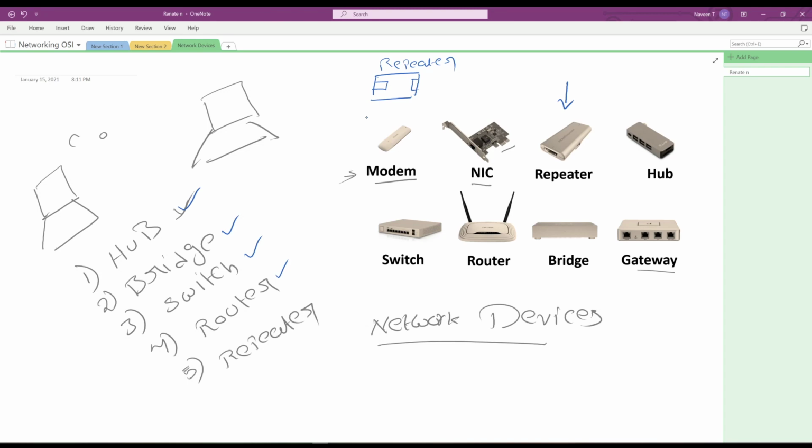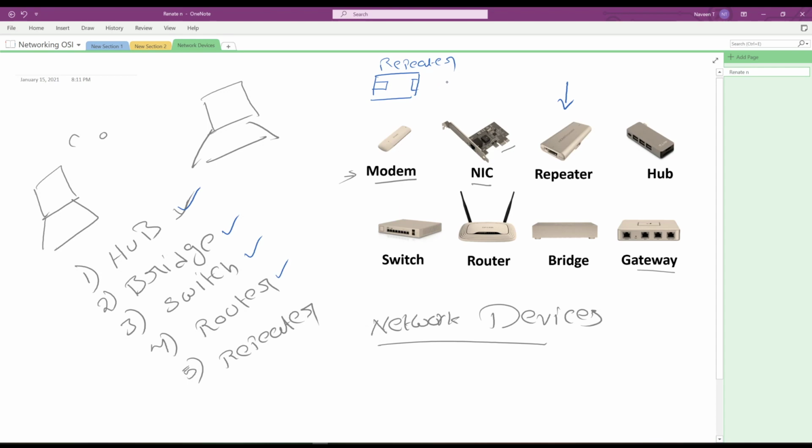So they might use a repeater in the middle, from their office to the connection to your home, to restore the signal strength. So a repeater doesn't amplify. It is not an amplifier. It repeats the signal to make the signal strong. That is the reason.